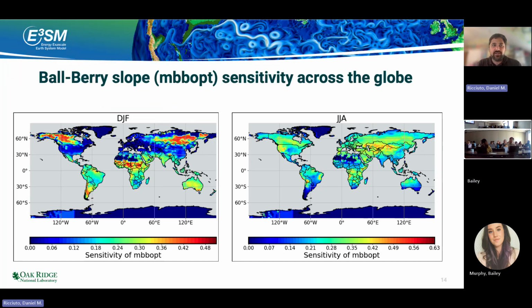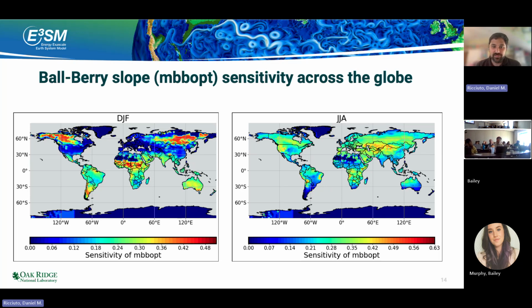The next figure here is a map of sensitivity. I picked the Ball-Berry slope parameter just to illustrate what that sensitivity looks like across space over the globe, on the left in the northern hemisphere winter, and on the right the June, July, August period.